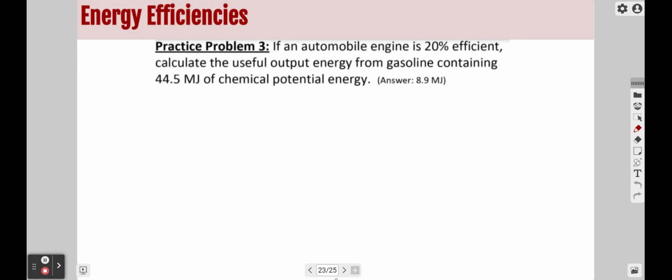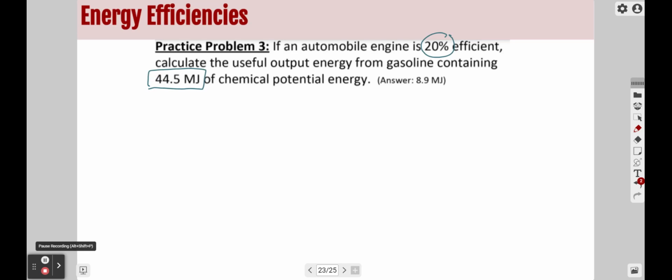This next one is slightly different because if you can see from the question, you're given the percent efficiency. If an automobile engine is 20% efficient, calculate the useful output energy from gasoline containing 44.5 megajoules of chemical potential energy.